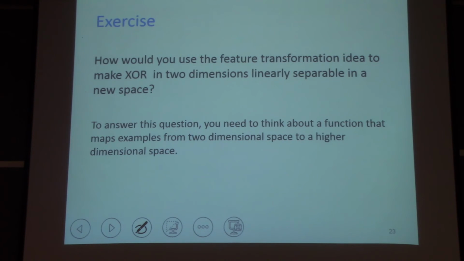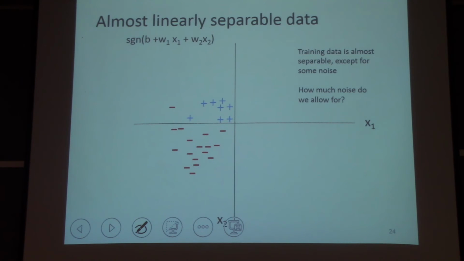It turns out that a lot of times we also have something that I like to call almost linearly separable data. Let's say you have these examples and you may have some noise. Now this data is not linearly separable, I know because I put the points there. But you can draw a line that is almost right. It only makes 2 mistakes. Is that good enough? How do you know how much noise to allow for?